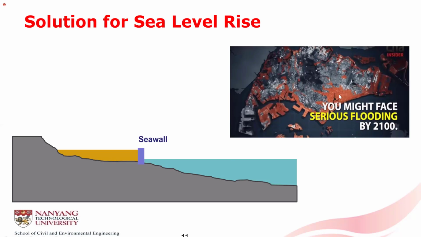Land reclamation is also one of the solutions for sea level rise. As you can see from the picture on top, perhaps 1/3 of Singapore can be inundated by 2100. I'm sure many coastal cities, including Bangkok, are suffering from the same problem.